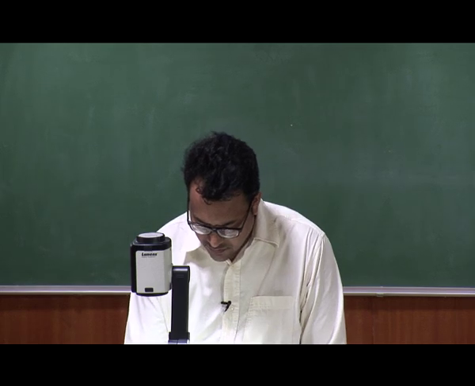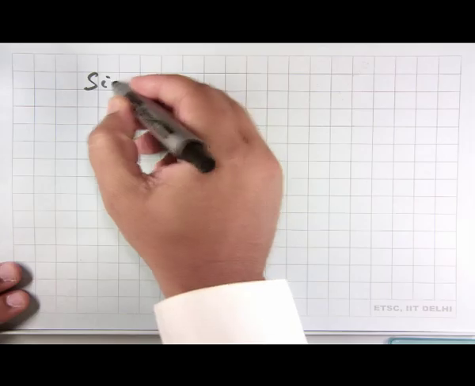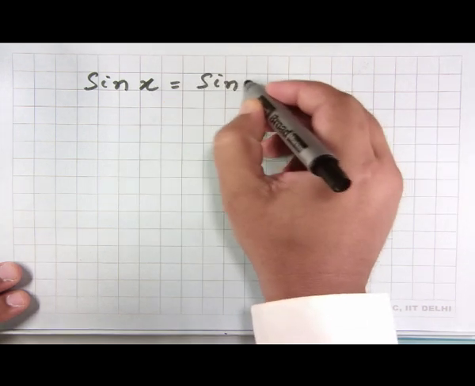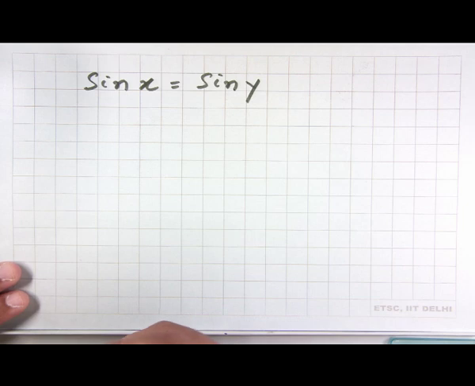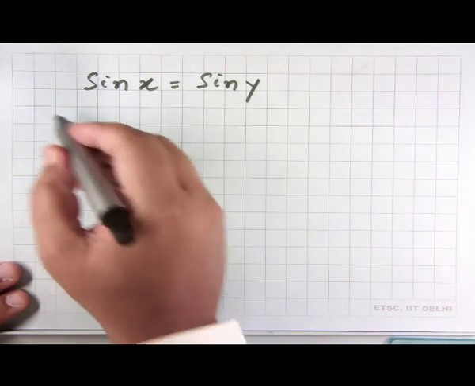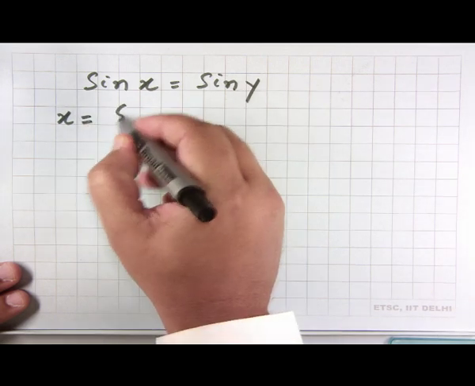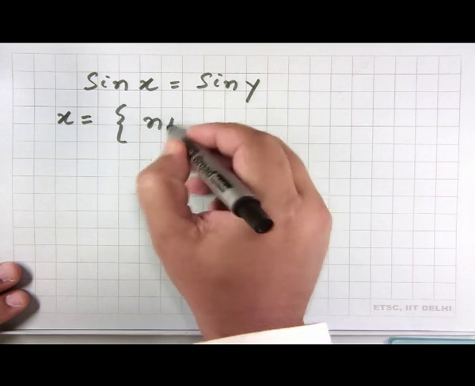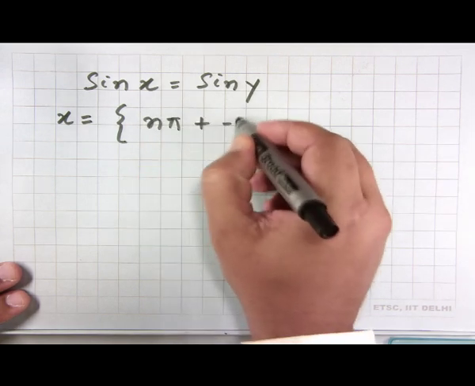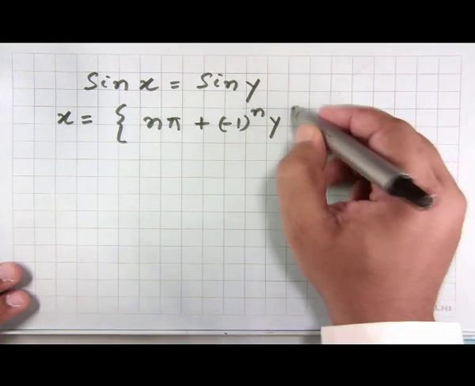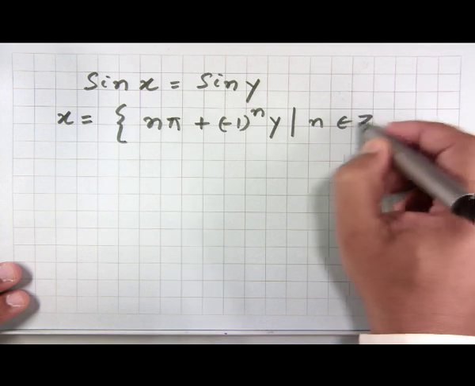So, we discussed general solutions of trigonometric equations of this form sin x equal to sin y, and we said that the solution to this equation is x equal to n pi plus (-1) to the power of n times y, where n is an integer.